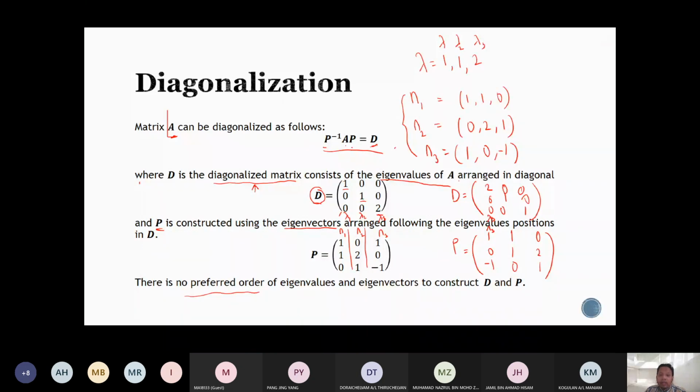So to find the diagonalized matrix of A, you have to find the eigenvalues and eigenvectors, and then arrange the eigenvalues in matrix D and the eigenvectors in matrix P. You just rearrange them. But finding the eigenvalues and eigenvectors is a bit problematic. But later when you do the exercise, I hope you understand how to find these values.